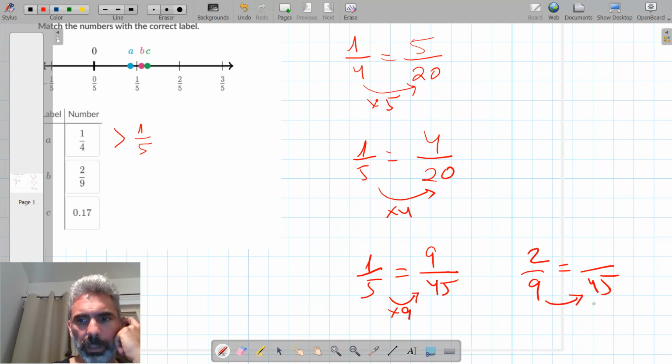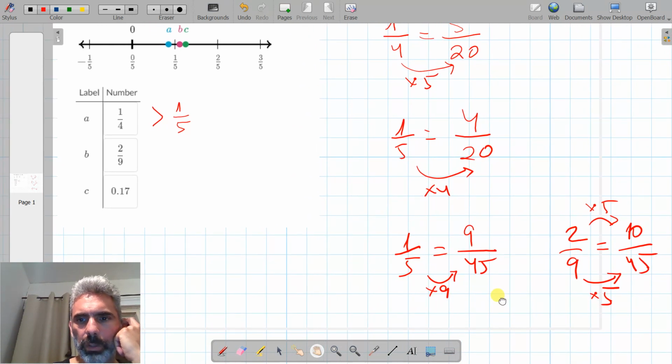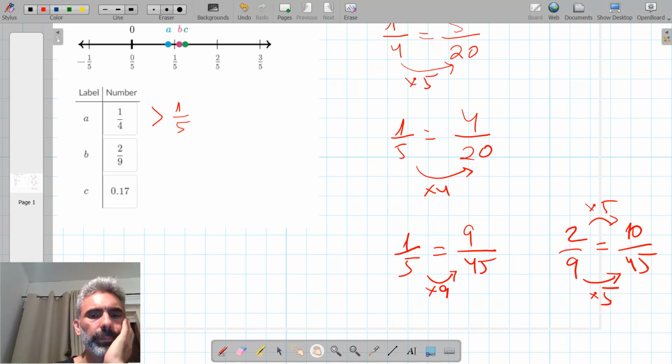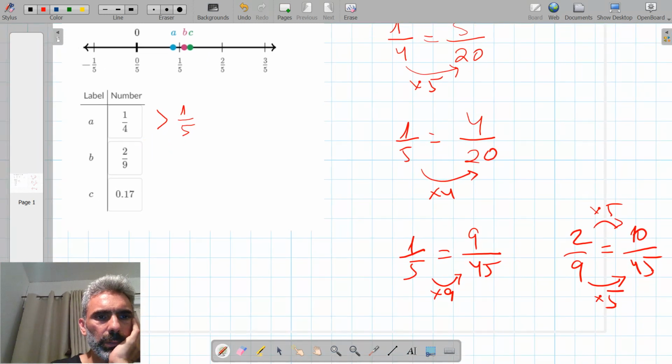So to go from 9 to 45, I multiply by 5. 2 times 5 is 10. So 2/9 is also greater than 1/5.